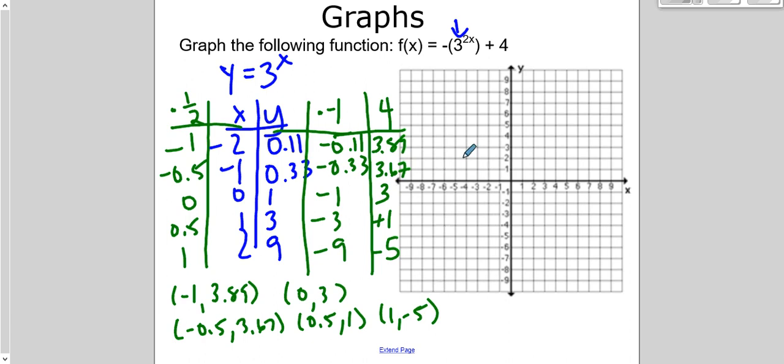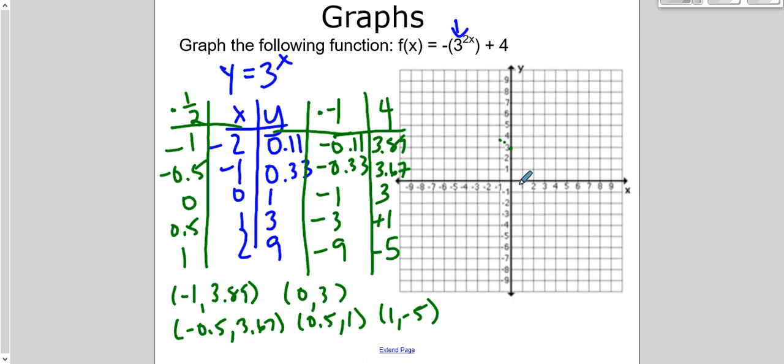All right, so let's try to plot these. -1 and 3.89 is about there. And then -0.5 and 3.67 is maybe there. And 0 and 3 is right there.